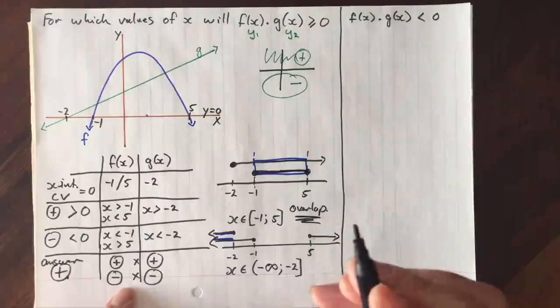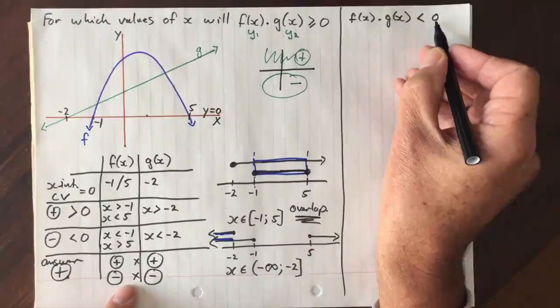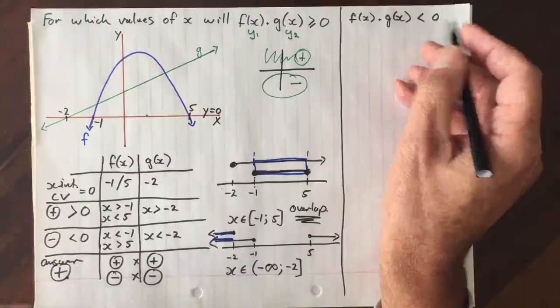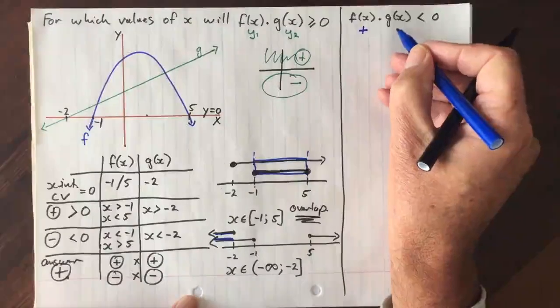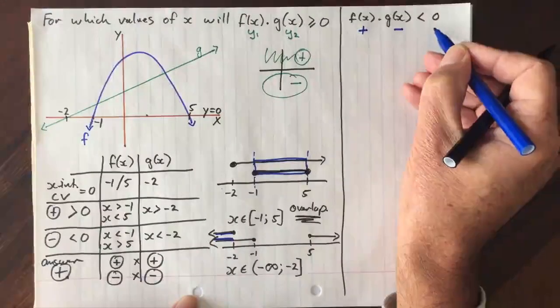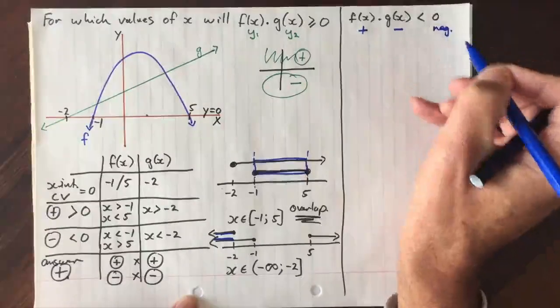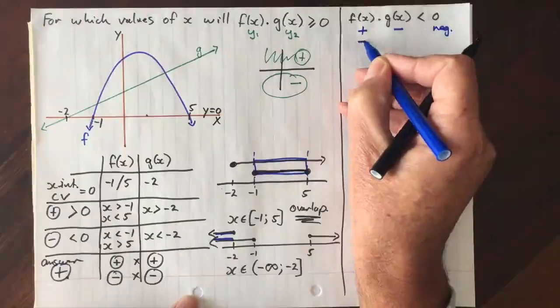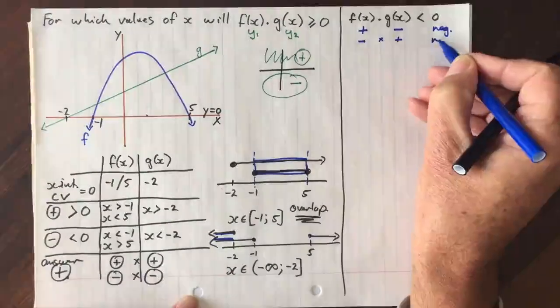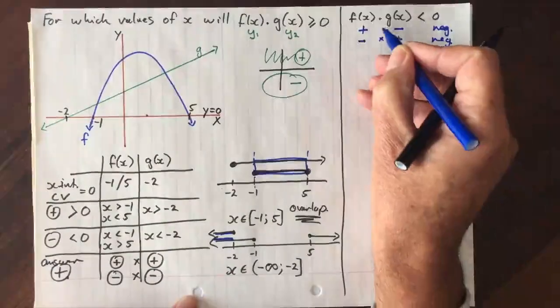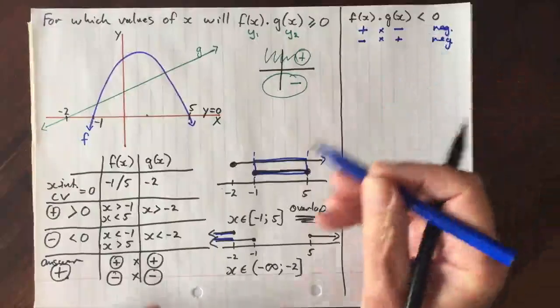Now, just remember, to have a negative value over there, we need to multiply a positive with a negative to give me a negative value, or a negative value times a positive value will also give me a negative value as well. So let's see.